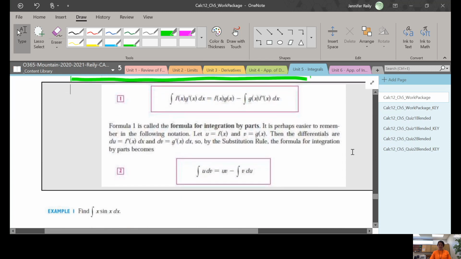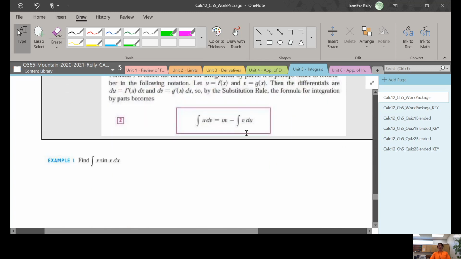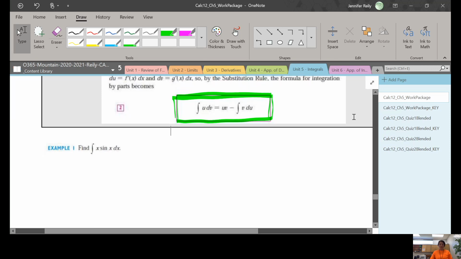Okay. Often it's written in this condensed format so that it's easy to remember. It's stuck in my brain now after teaching calculus so often. So the integral of u dv equals uv minus the integral of v du. It's like the quadratic equation in my brain. You'll have a notes page on your test so you can write this formula down if you're having trouble memorizing it.